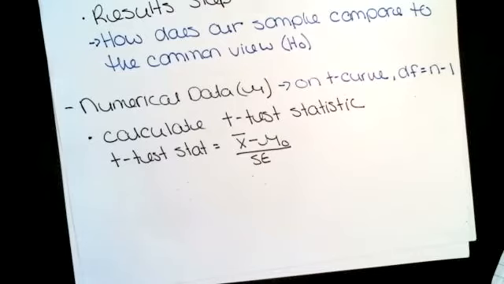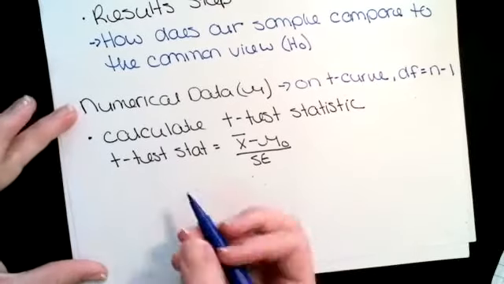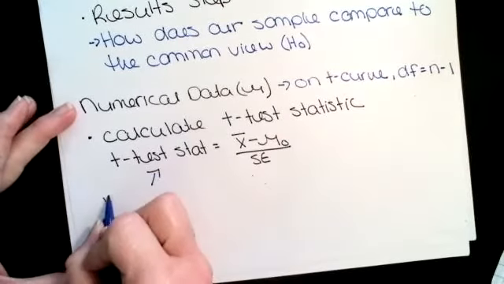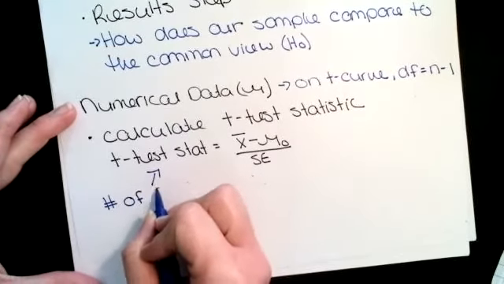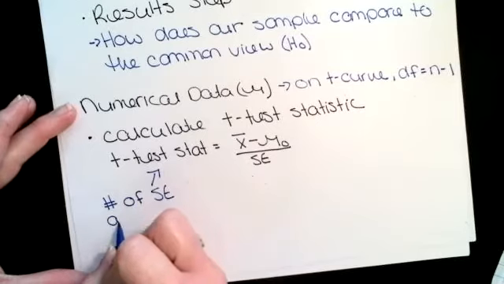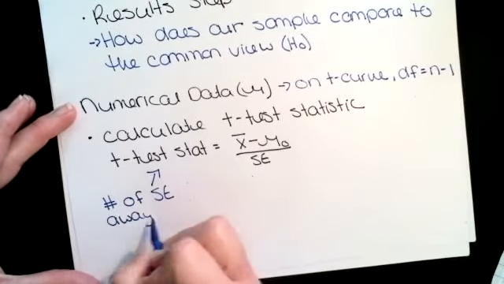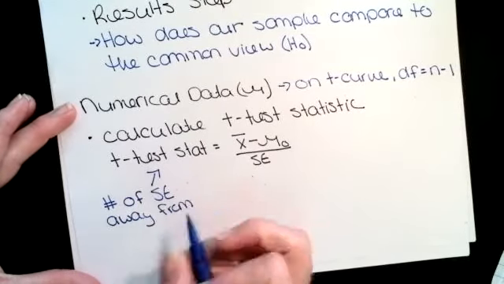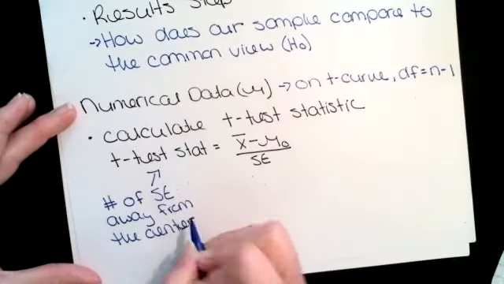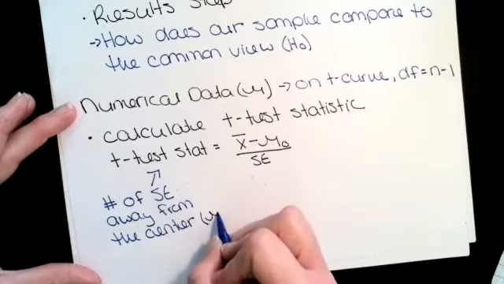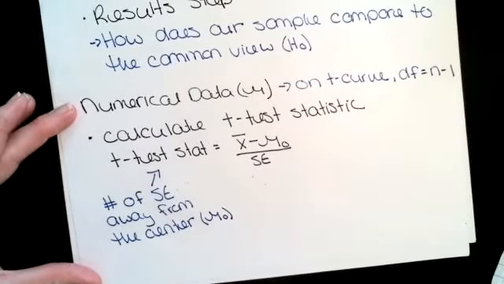So it's very similar. It has the same meaning. So this is the number of standard errors away from the center. And our center is this mu naught value.